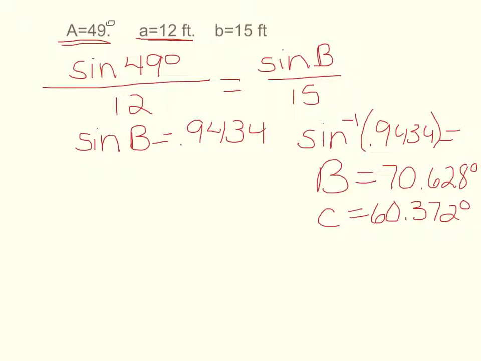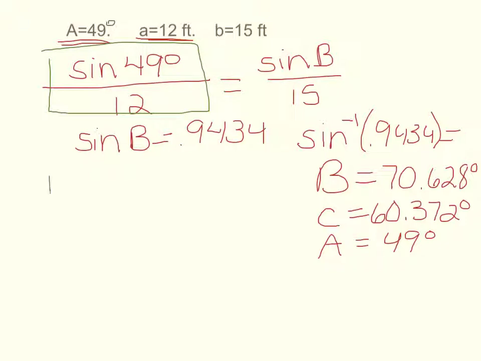So now I know angle A is 49 degrees, angle B, and angle C. The only part of this triangle now that I don't know is side C. So I'm going to use the part of my proportion here that I know for a fact because I was given it.